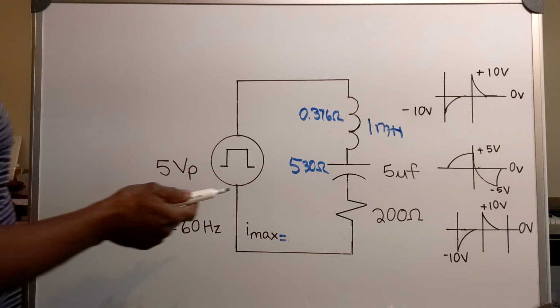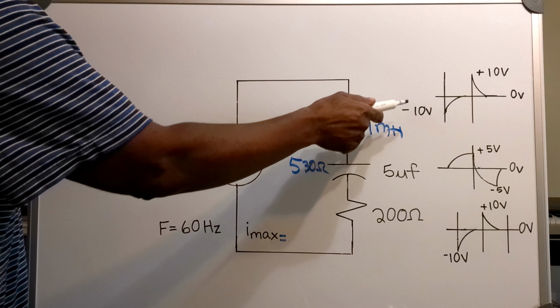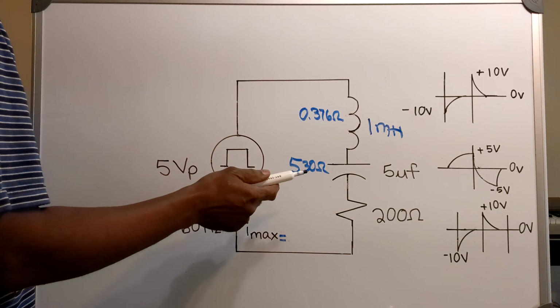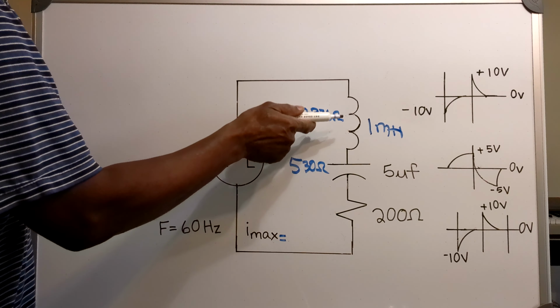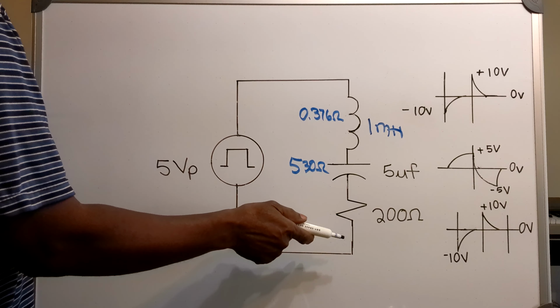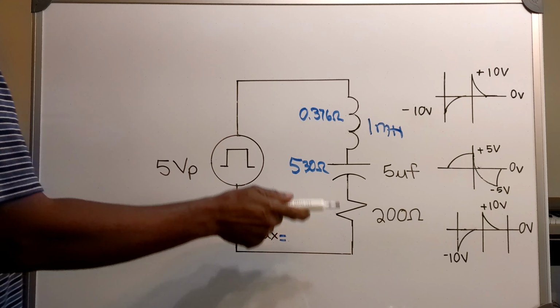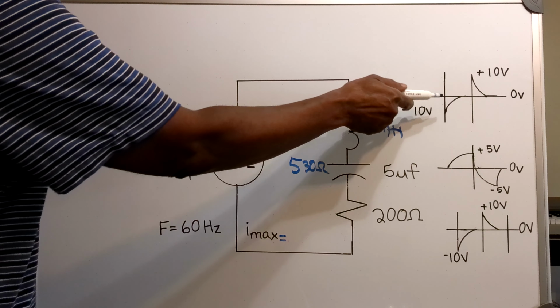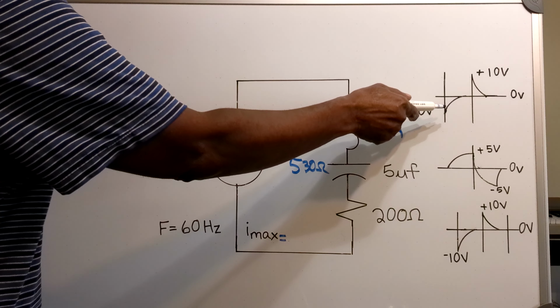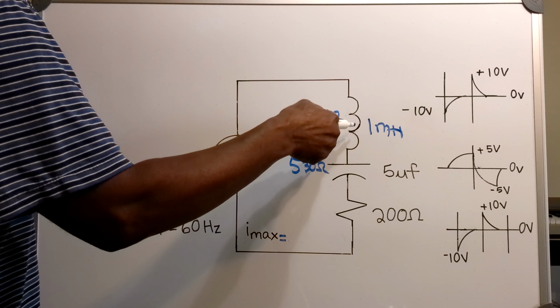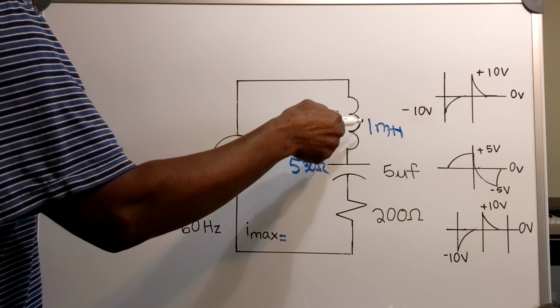Okay, now let's take a look at these outputs. And I've got 3 possible outputs. This is the output across my inductor.